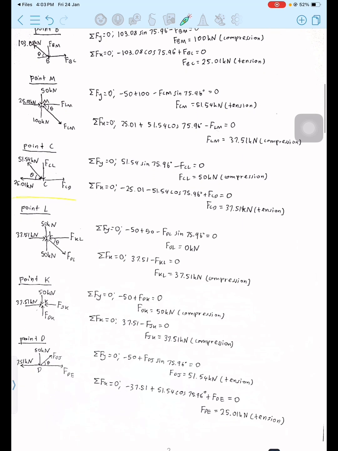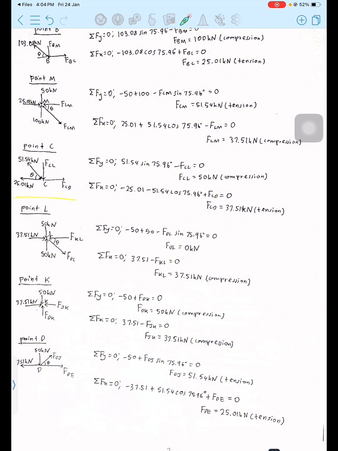Then we go to point C. We have FBC, the tension we found before. FCD we assume as tension, FCL we assume as compression, and we have the angles, and we have FCM 51.55 kilonewton. Then we find FCL first using sum of Fy equals 0: 51.55 sin 75.96 minus FCL equals 0.